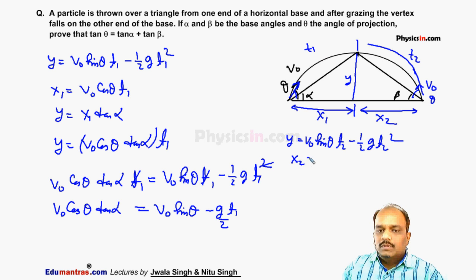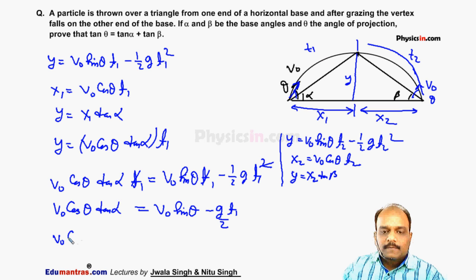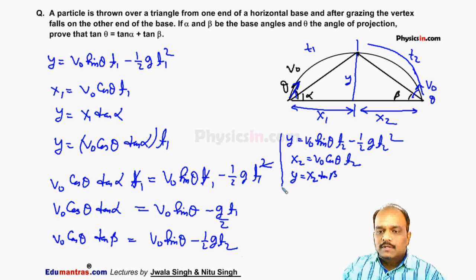Similarly, x2 is equal to v naught cos theta into t2 and y is equal to x2 tan beta. So from these three expressions we get v naught cos theta into tan beta is equal to v naught sin theta minus 1 by 2 g into t2.